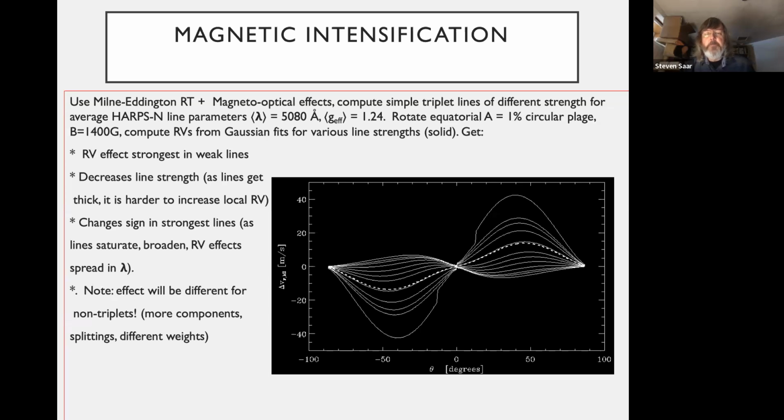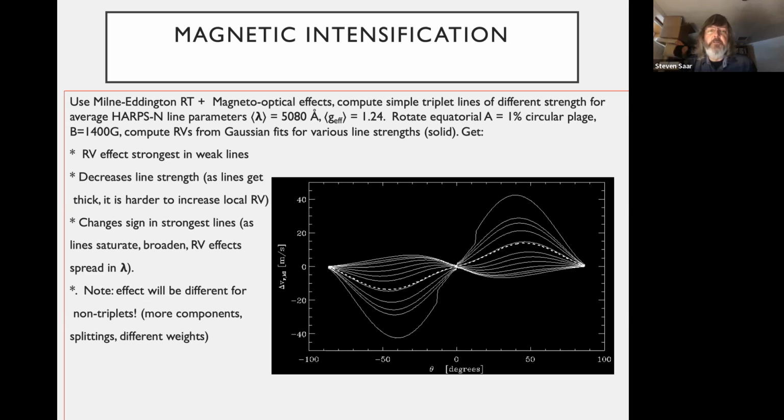So I decided to investigate this a bit more, using a very simple Milne-Eddington radiative transfer, including magneto-optical effects, Faraday rotation. In this case, I'm just doing simple triplet lines and looking at the effect of the line strength for average Hart's north line parameters.